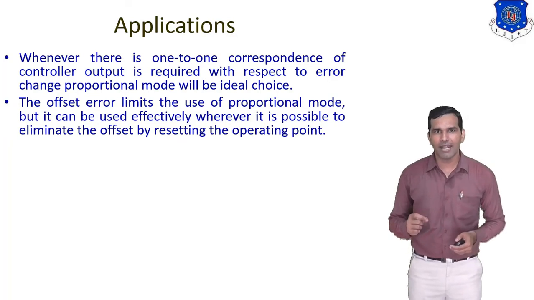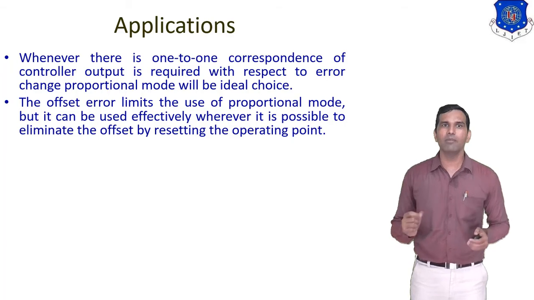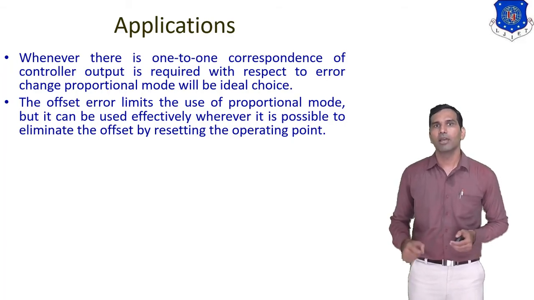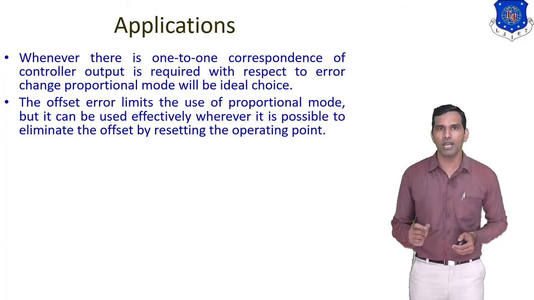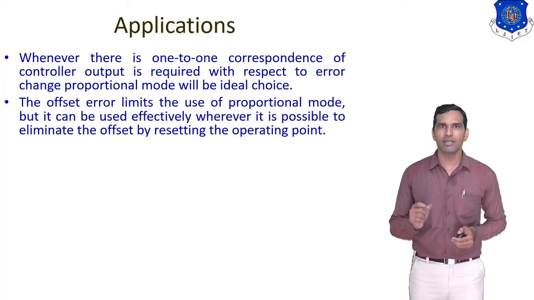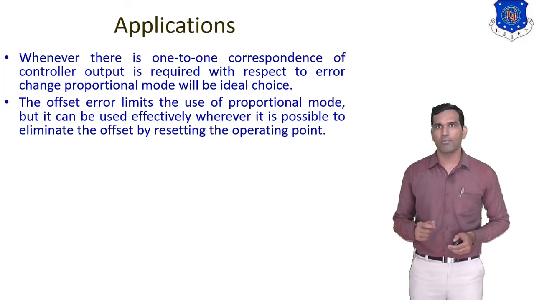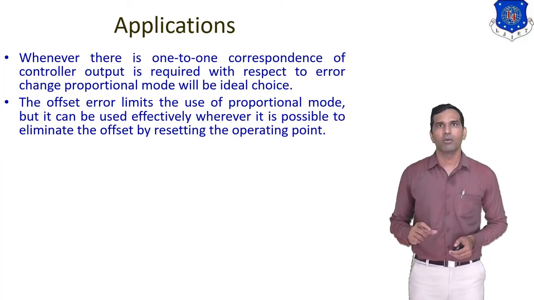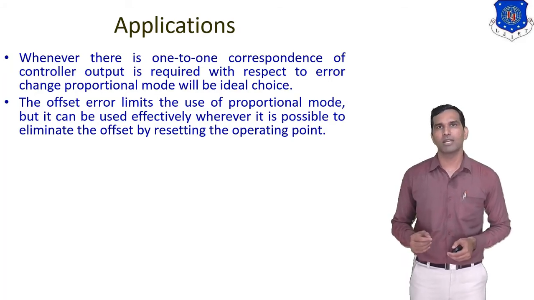The offset error limits the use of proportional mode, but it can be used effectively whenever it is possible to eliminate the offset by resetting the operating point. That means offset error is one problem, but we can use this mode when the elimination of offset is possible.